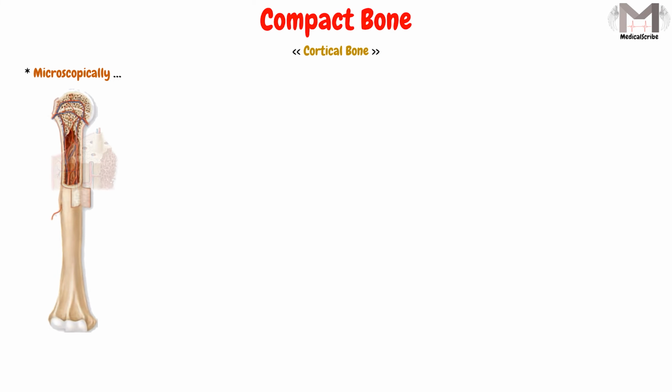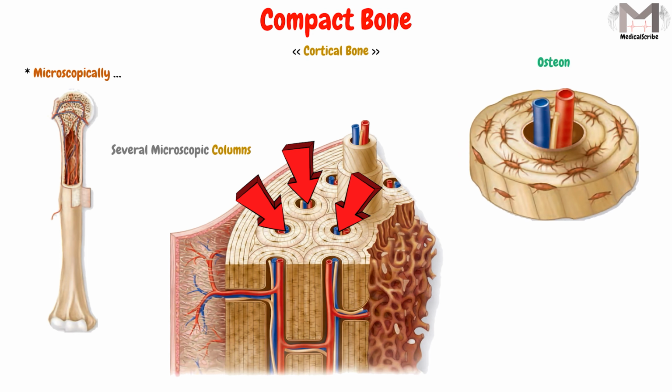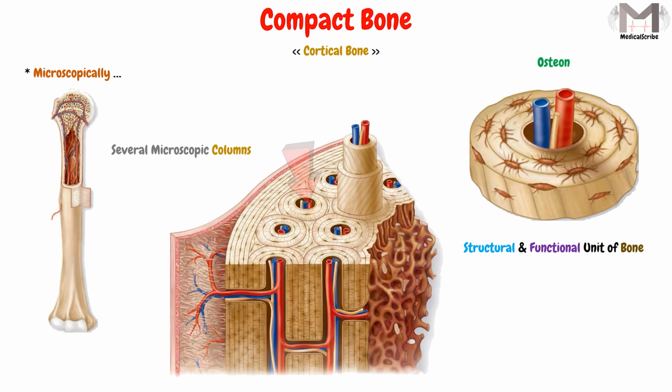Microscopically, we will see that it consists of several microscopic columns, each column called an osteon, which is the structural and functional unit of the bone. This column extends longitudinally along the vertical axis of the bone.